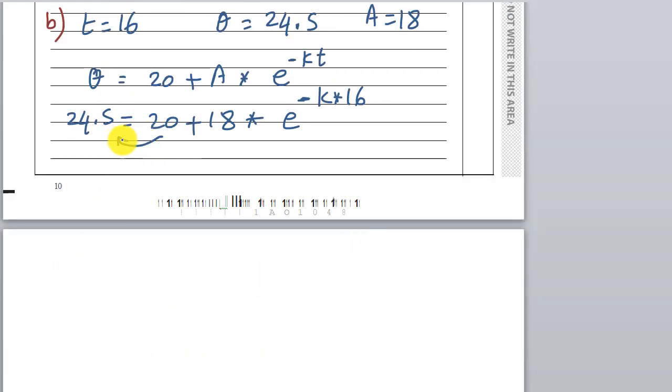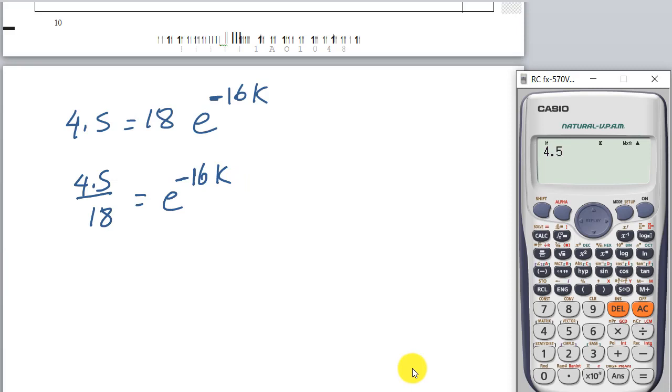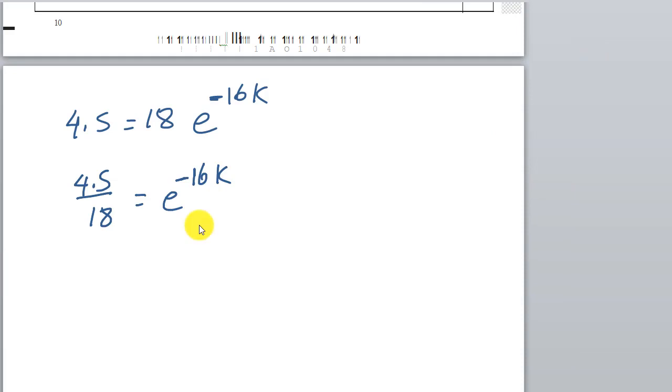So 20 will go this side with negative, so 4.5 equal to 18 e^(-16k). So 4.5 divided by 18 equal to e^(-16k). 4.5 divided by 18 equal to 0.25, so 1 over 4 equal to e^(-16k).